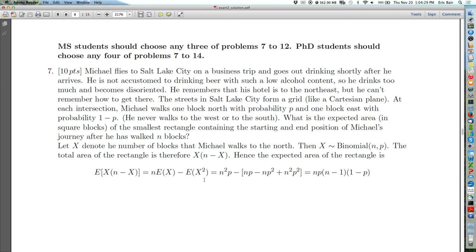This may not be obvious if you're not familiar with the formulas, but to find the expected value of x squared, you can just take the variance of x, which for a binomial is np times 1 minus p, plus the expected value of x quantity squared, which is, I can just write this out explicitly.